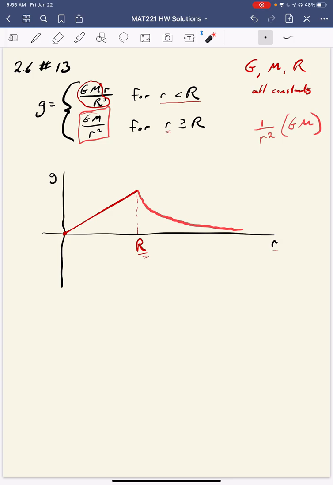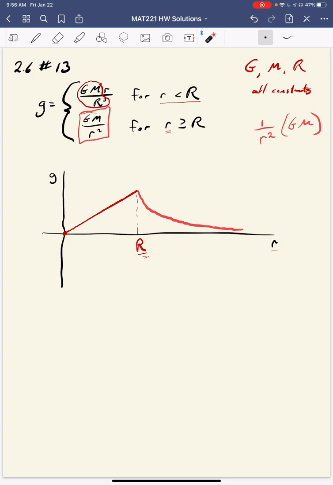All right, now part B says, is this g a continuous function of r? And so we need to check for continuity. We know that linear functions are continuous, so we know that this portion of the function is continuous. We know that 1 over r squared is continuous as long as lowercase r is not equal to 0, because we can't have 1 over 0.